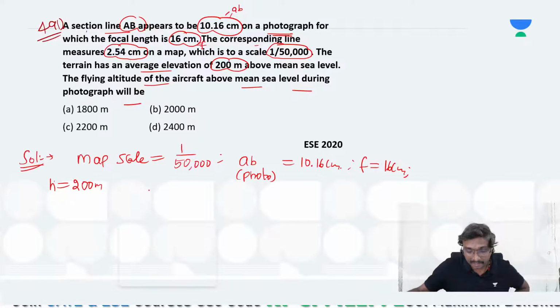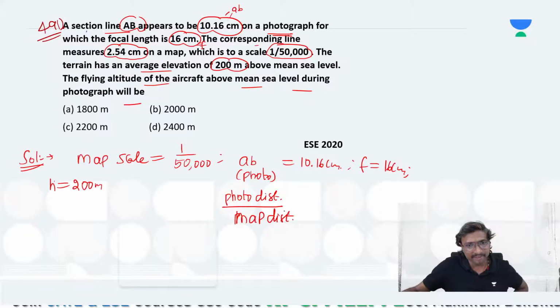For photograph distance, what can you say? Photo distance divided by map distance, where photo means aerial photogrammetric photo, is equal to photo scale divided by map scale, right?